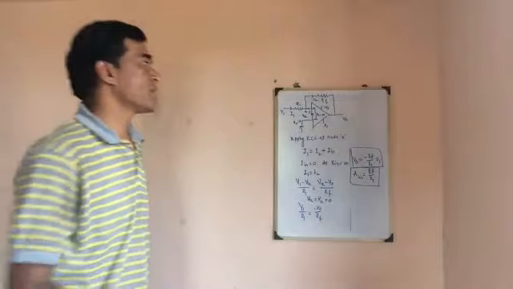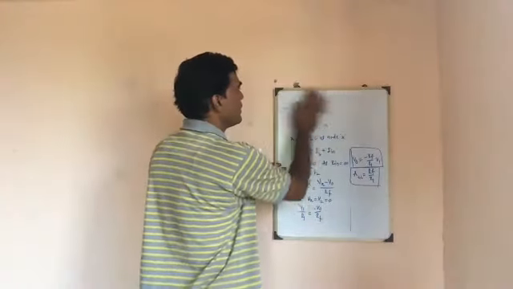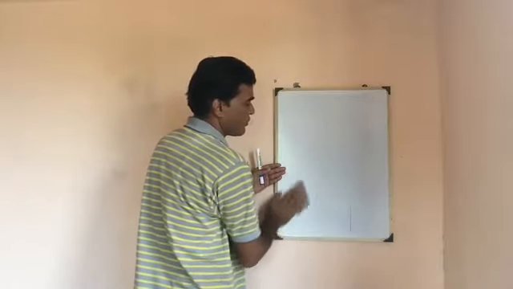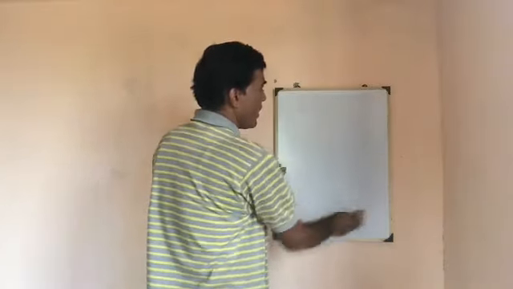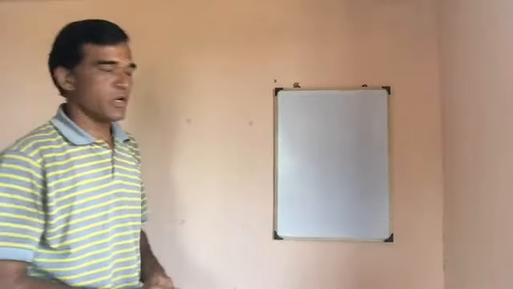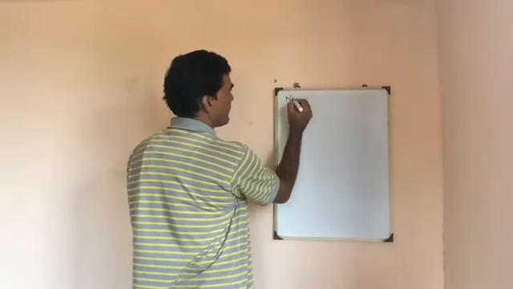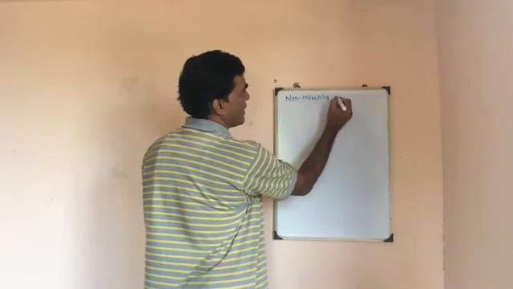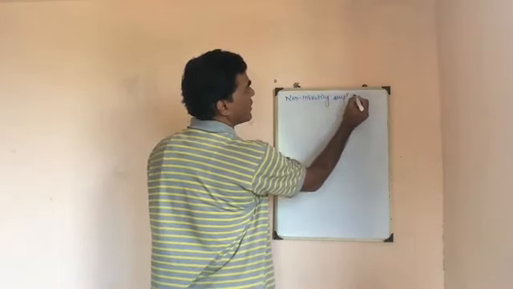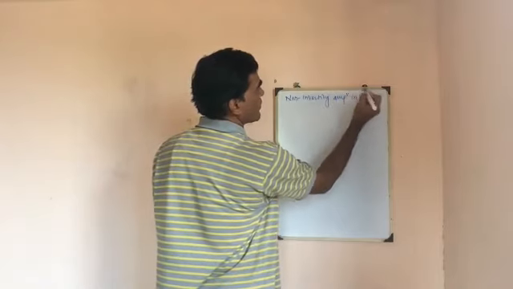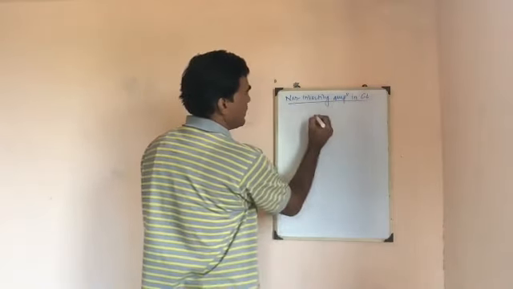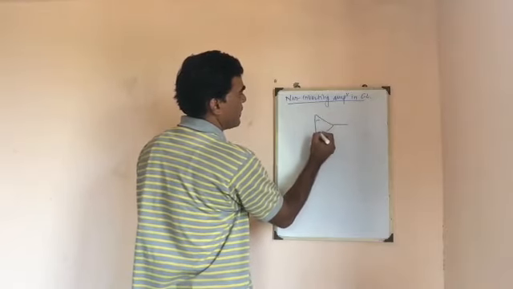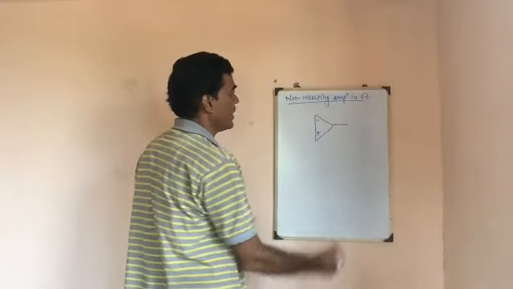Next to this, we will discuss the non-inverting amplifier and the expression for the output voltage in case of the non-inverting amplifier. How to draw the circuit for a non-inverting amplifier? Non-inverting amplifier in closed loop. So again we have the op-amp, we have inverting and non-inverting terminals.